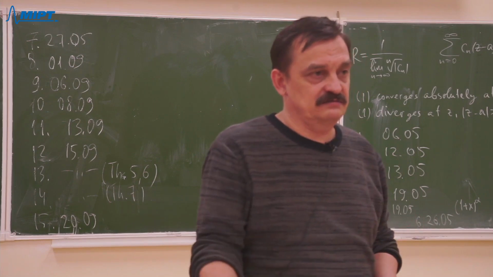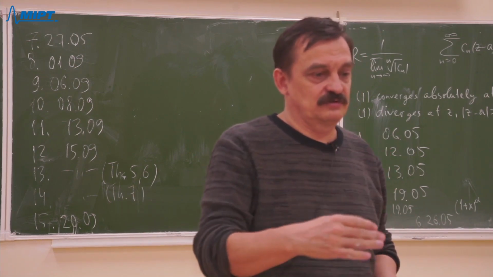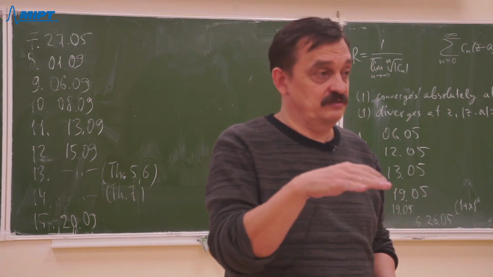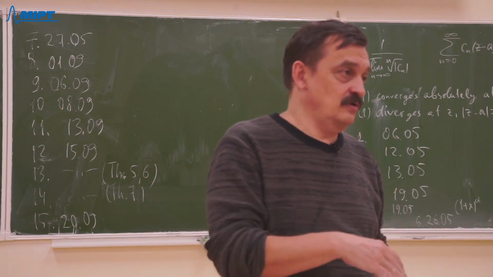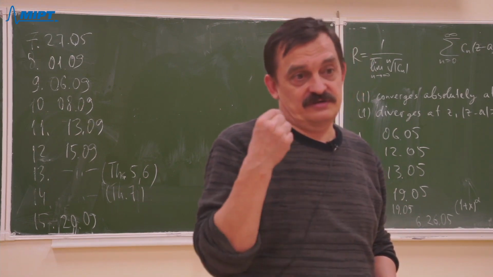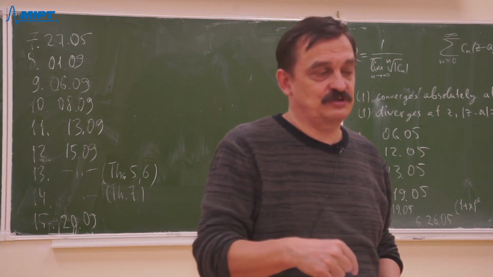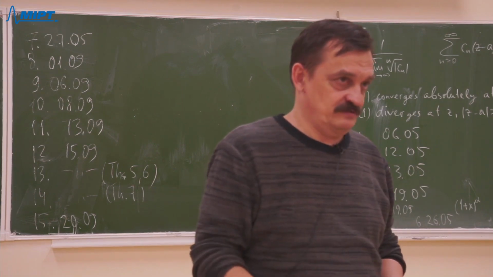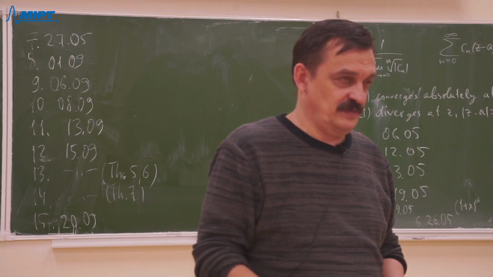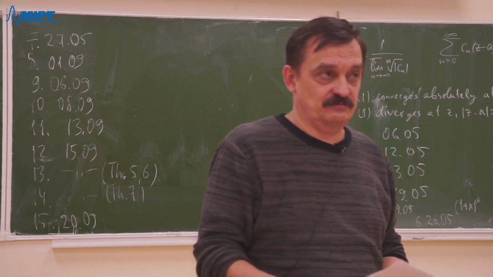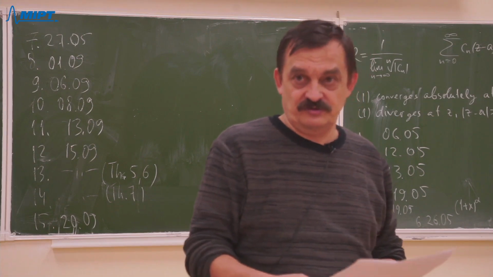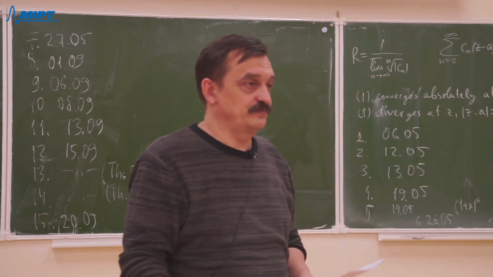Compact in Rn is equivalent to either closed and bounded, right? Or for every sequence of points in our set, there is a subsequence which converges to a point from our set. That is also called sequential compactness, but I didn't introduce that notion.